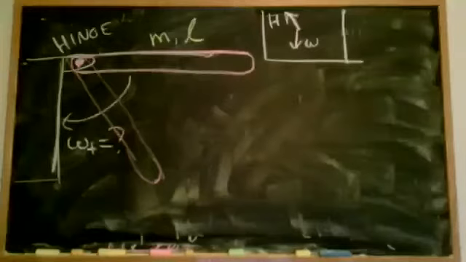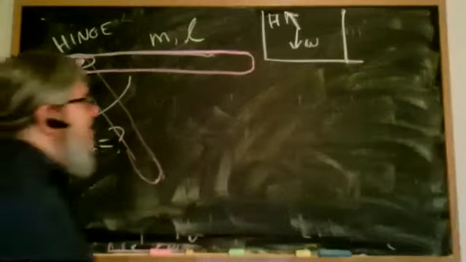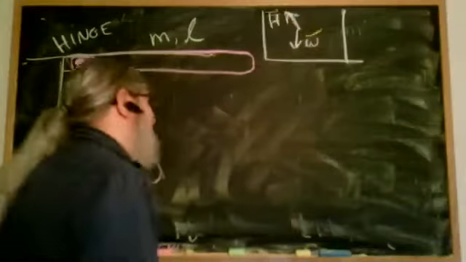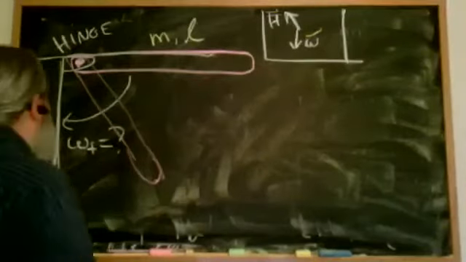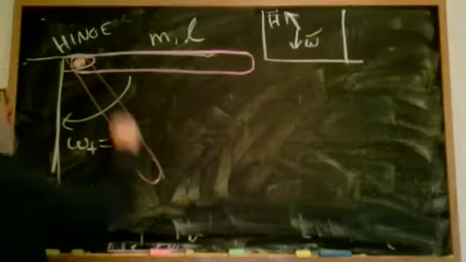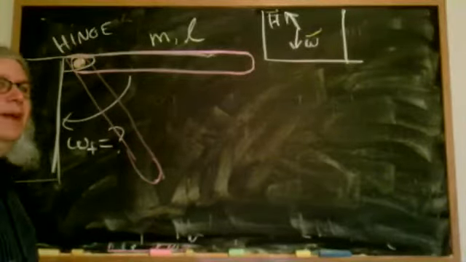So again, we're not going to use Newton's laws to solve this problem, but we can ask the question, what about conservation of mechanical energy? And so what's our approach? Well, what are the forces? The weight force is conservative. The hinge force in general is not conservative, but I'm going to make the same hand-waving argument I made before, and that is that even though the hinge force is not conservative, at this particular point it's not being applied over distance.